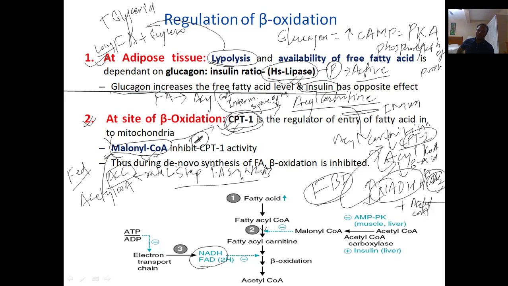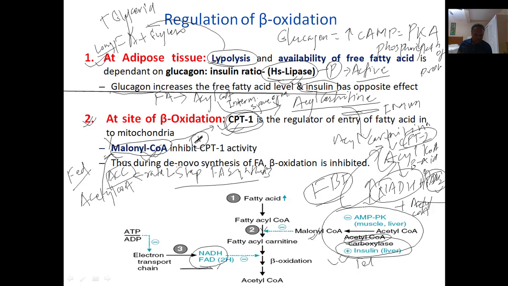Feedback inhibition happens in almost all pathways, and we will talk about this reaction a bit later. The synthesis of malonyl coenzyme A from acetyl coenzyme A is facilitated by insulin, because it happens during fed condition, by acetyl coenzyme A carboxylase.